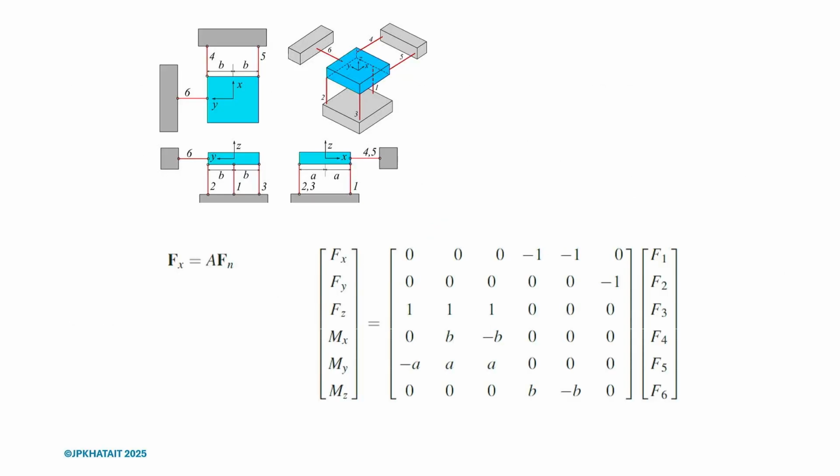So, we can do the calculation and we will come back to it. Fx is a force component along x, y, z, and the moments, and these are the forces coming on the load cells. How can it be transformed? Through matrices. What we realize is that if it's an exact constraint design, it's very easy to write all these equations.